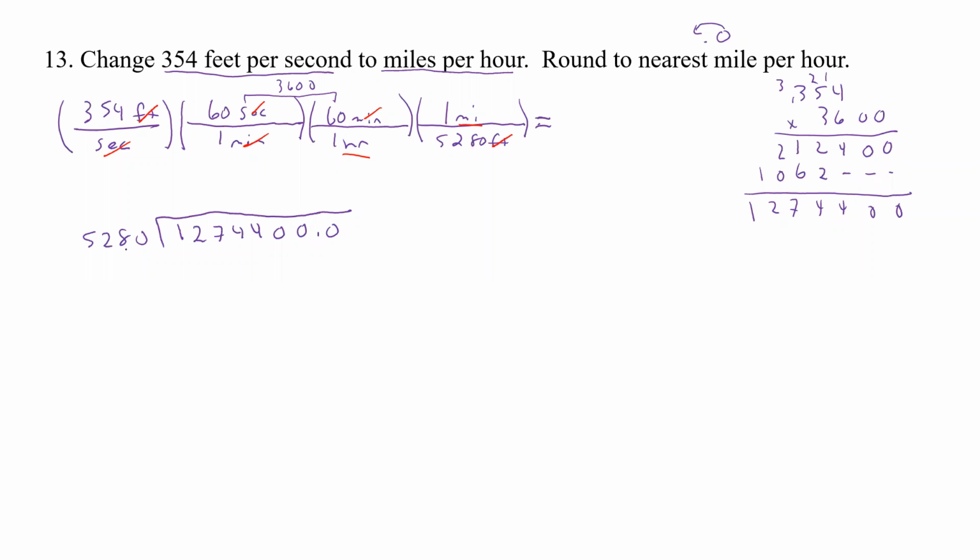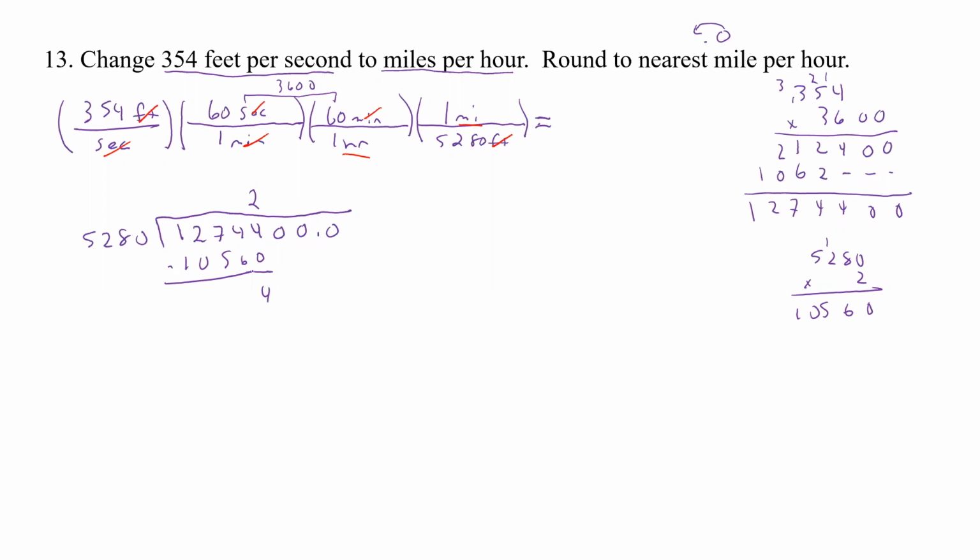And so 5,280 times 2, what's that going to equal? Well, that's going to be 0, 16, that's 4, 5, that's 10. So that's going to be 10560. And we put our number above that. That was a 2. So we subtract that.